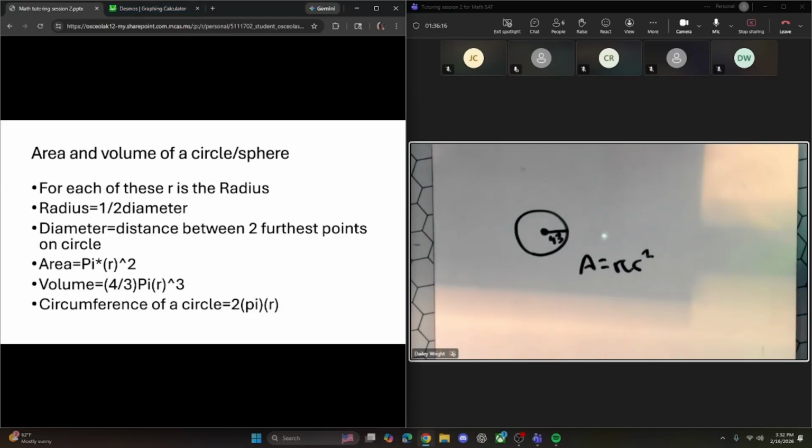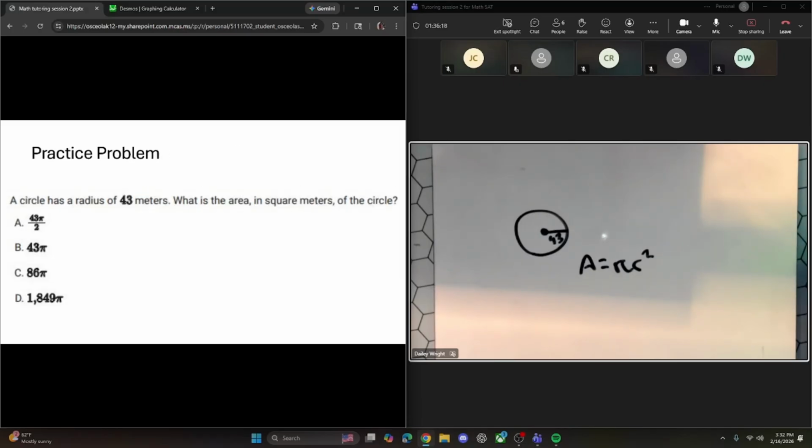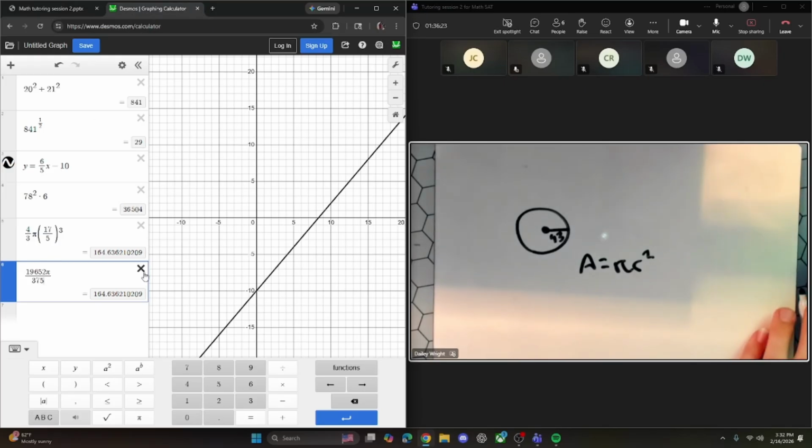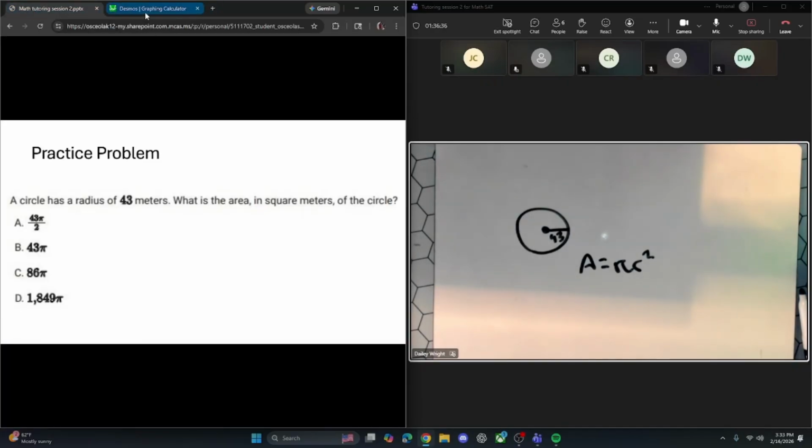As we can see here, area was pi r squared. So now we would just plug in r, go over to Desmos, pi r squared, plug in 43 for r, it gives me 5808.